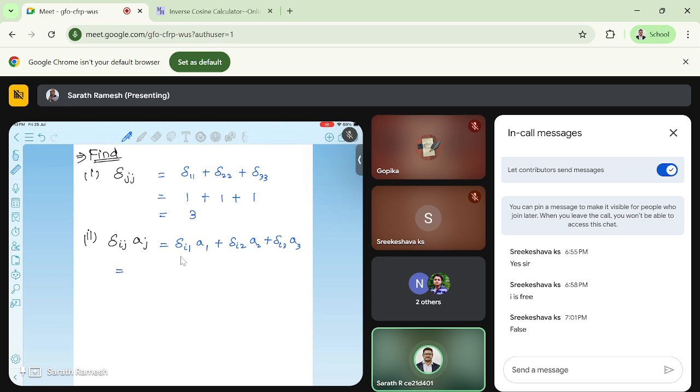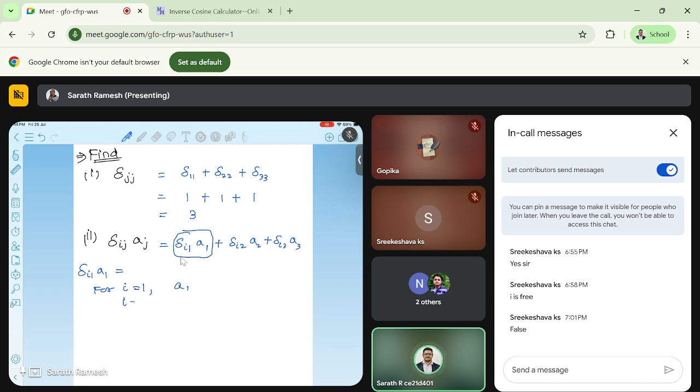Now, can someone think and tell what this first term will become? What is delta i1 a1? Suppose i is 1, a1. Yes, please tell. Sri Keshava: delta 1 1 will become 1. So a1. So for i equal to 1, it will become a1.